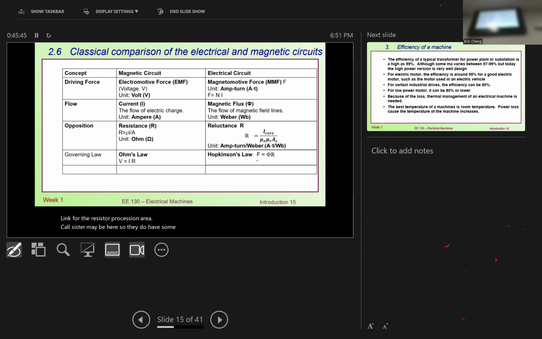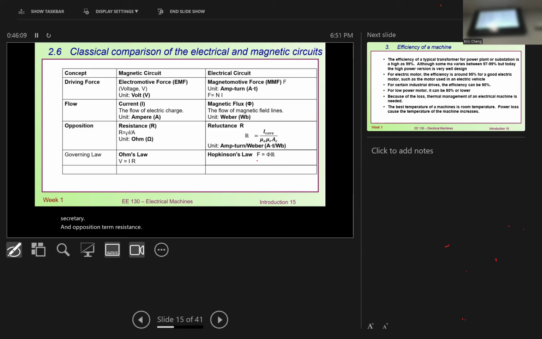This table is very famous. If you go to any textbook or website, a comparison between a magnetic circuit and an electrical circuit will show you this table. For the electrical circuit, we have voltage, current, and the opposition, resistance.